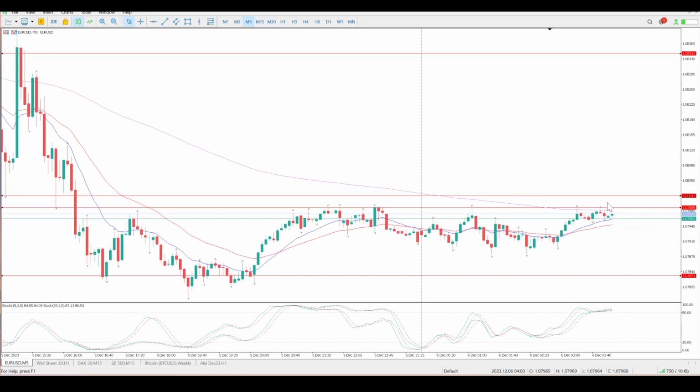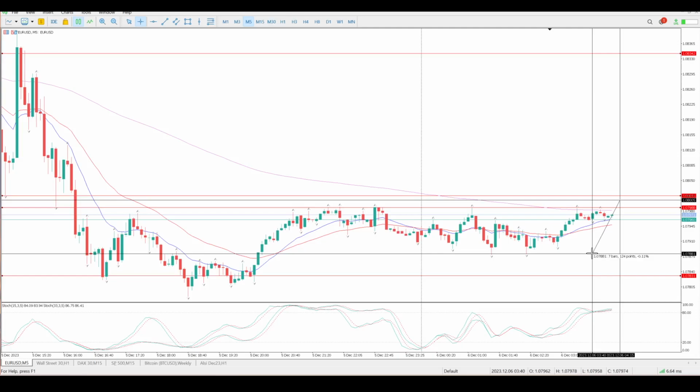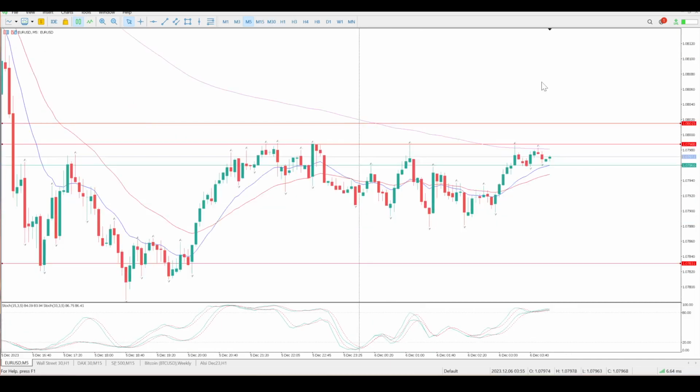So break above this zone, which is 107988 and 108015, break above it, come back and retest in there. Definitely an opportunity for a long, and you're going to be stuck with a 150 point stop loss, which is fairly decent for a move back to 108342. So that's kind of the structure that I've got this morning.